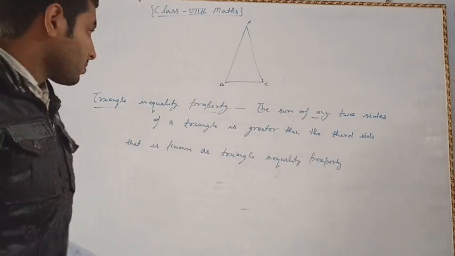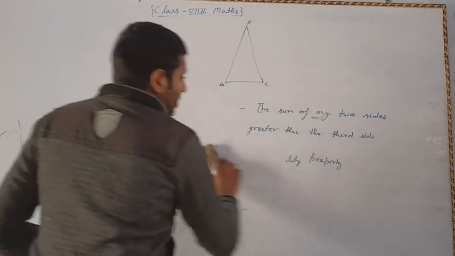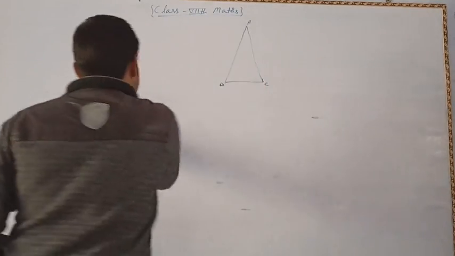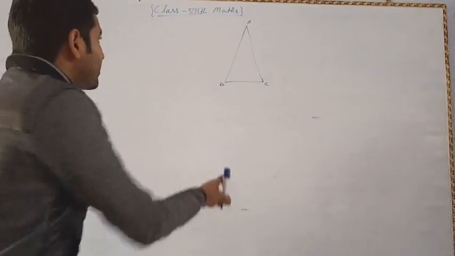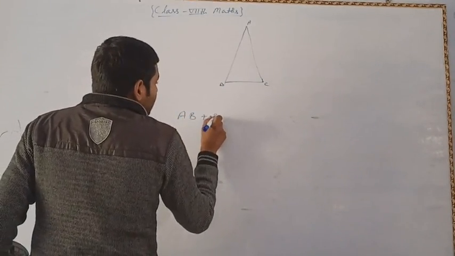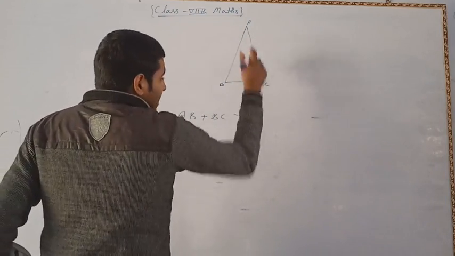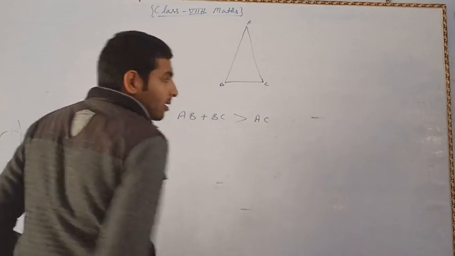You can see here, by this definition, AB plus BC is greater than AC.